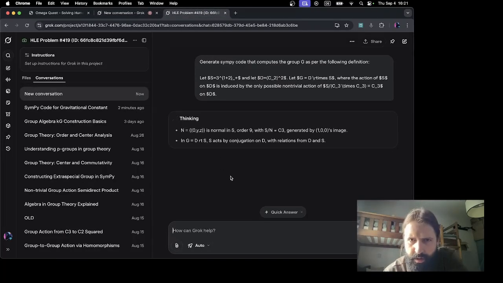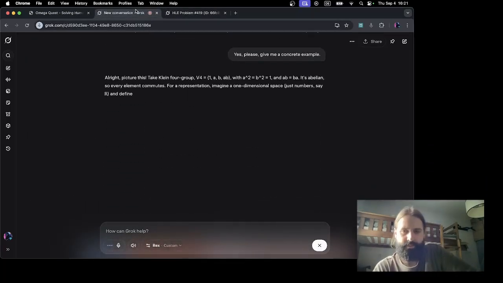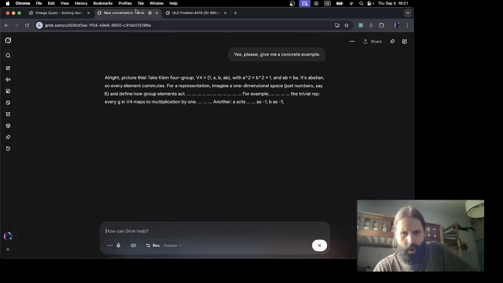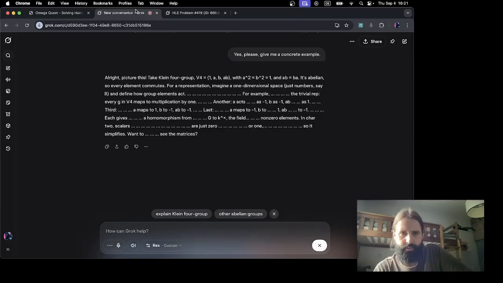All right, picture this. Take the Klein 4 group, V4 equals {1, a, b, ab}, with a^2 equals b^2 equals 1, and ab equals ba. It's abelian, so every element commutes. For a representation, imagine a one-dimensional space, just numbers, say R, and define how group elements act. The trivial rep: every g in V4 maps to multiplication by 1. Another: a acts as -1, b as -1, ab as 1.